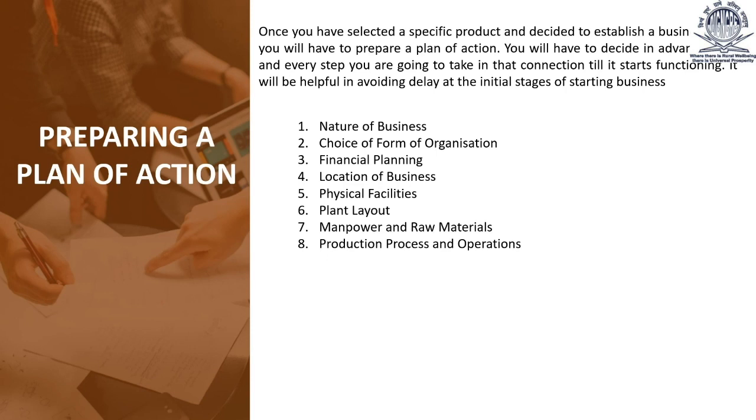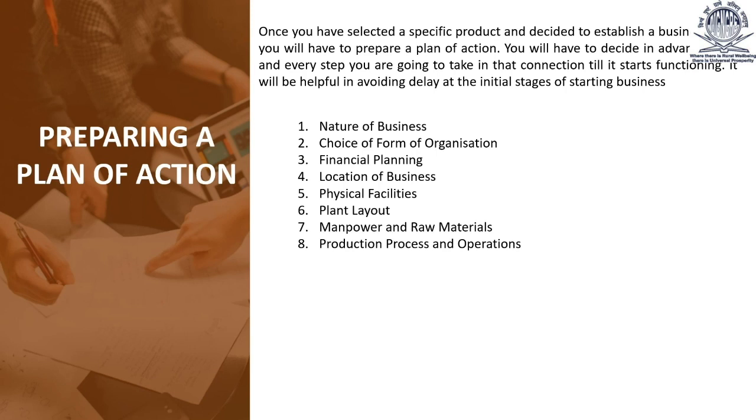But then you also have to bear the entire risk. In the case of partnership, there will be others to share risk and contribute capital and help in management. But then the profit earned will also be distributed among the partners.